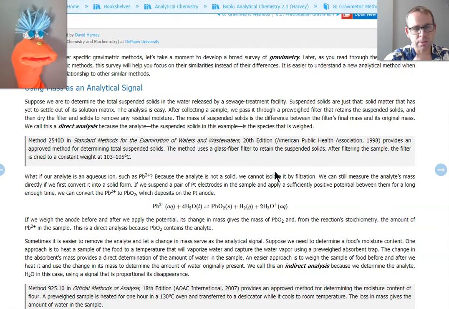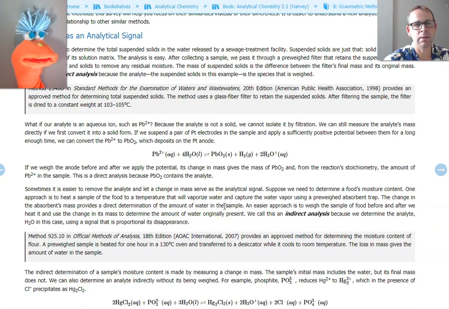All right, so an example is trying to identify how much lead ion there is by precipitating out something that's solid, taking it, weighing it, drying it well, weighing it, trying to remove any other materials that aren't interacting with the lead oxide or whatever it is you're measuring, and then finding out how much mass there is of it.